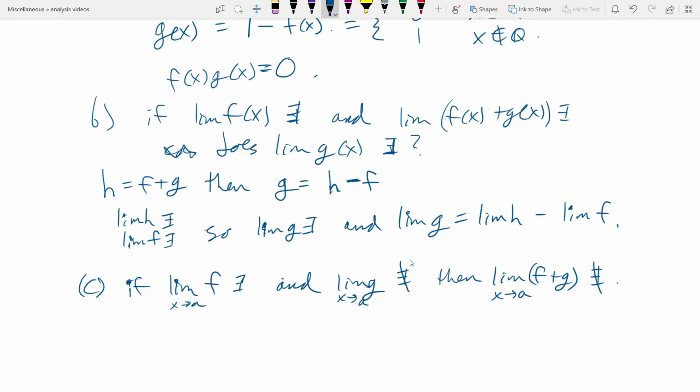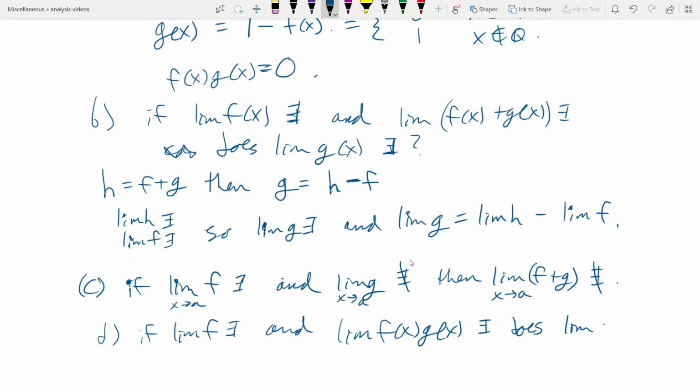And finally, if the limit of f exists and the limit of f of x times g of x exists, does the limit of g of x exist?